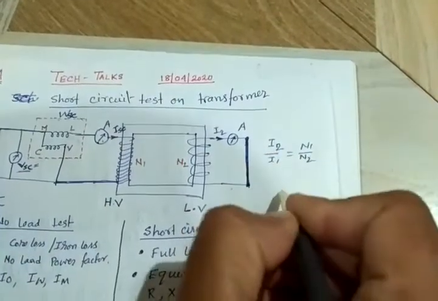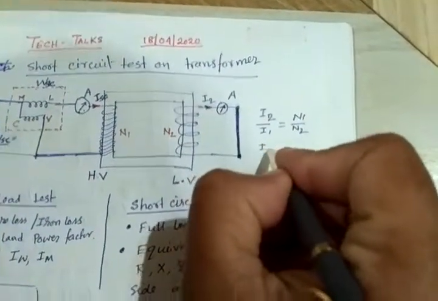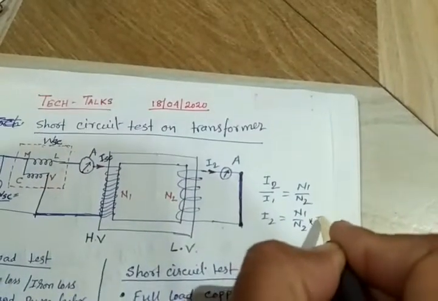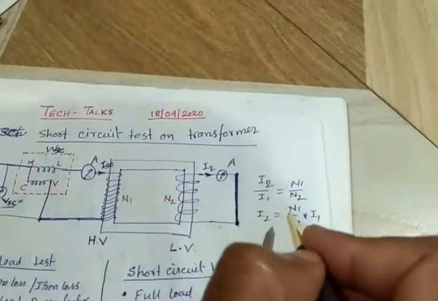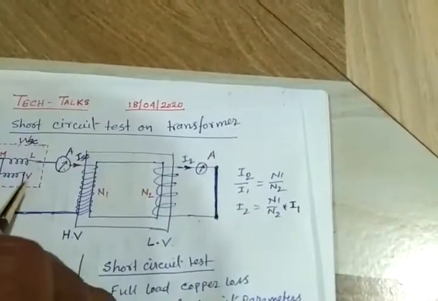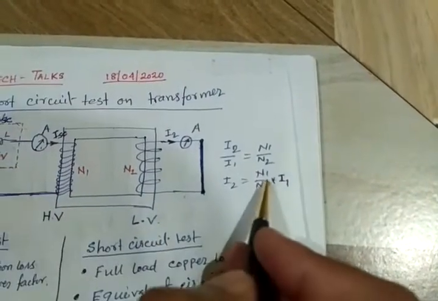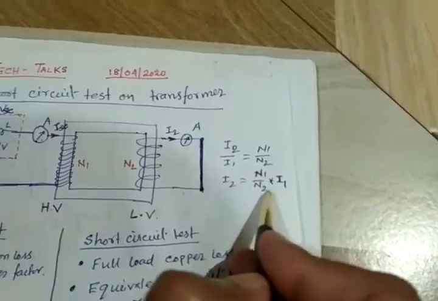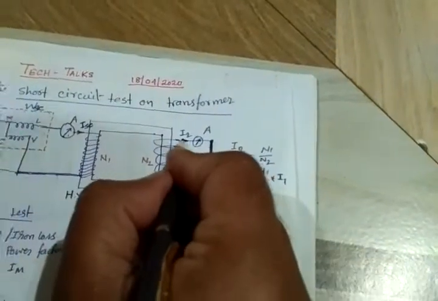This is opposite. So in this case I2 will be N1 by N2 into, sorry, I1. So if this is 100 ampere, then this side, if turn ratio multiplied, that is the current we will get here will be the actual rated current.